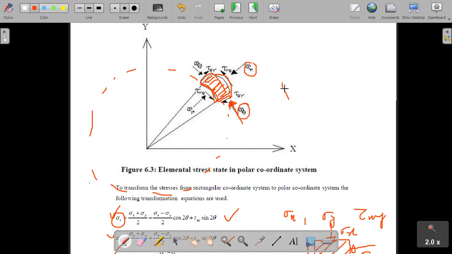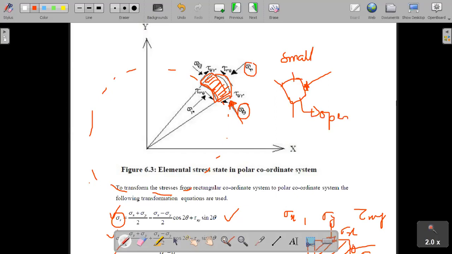You can see the directions. What are the directions of sigma n and sigma theta? This is called normal. You can see this is normal to the small portion of the opening. We take the small portion of an opening.